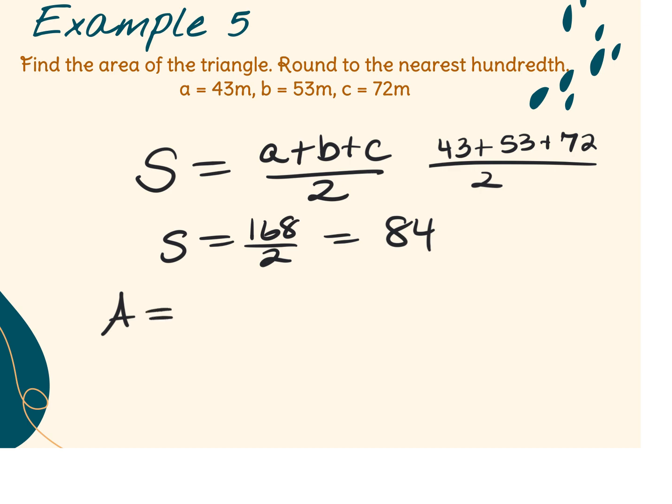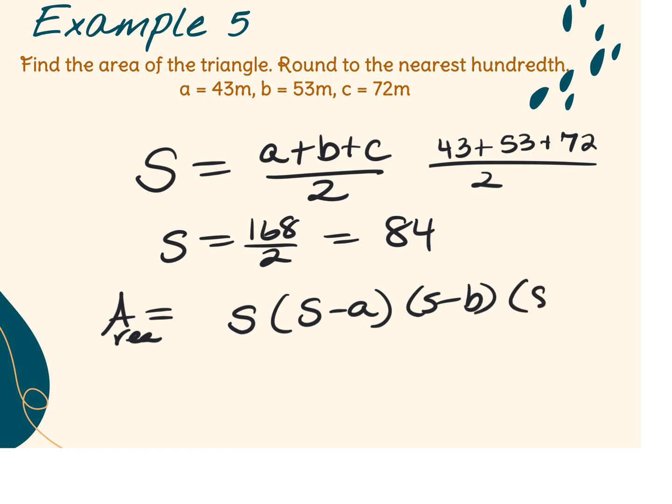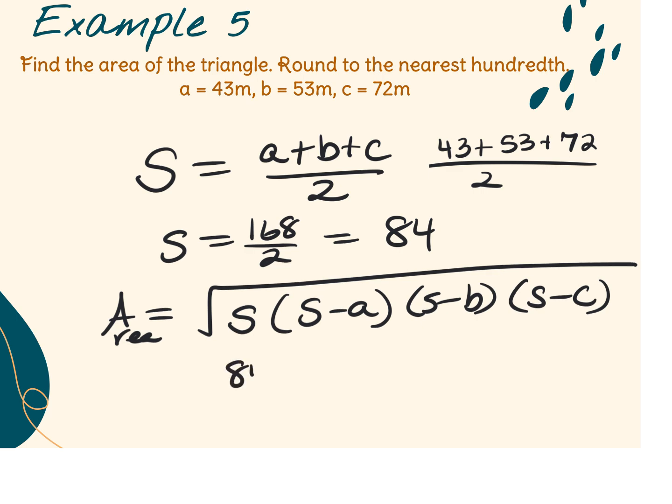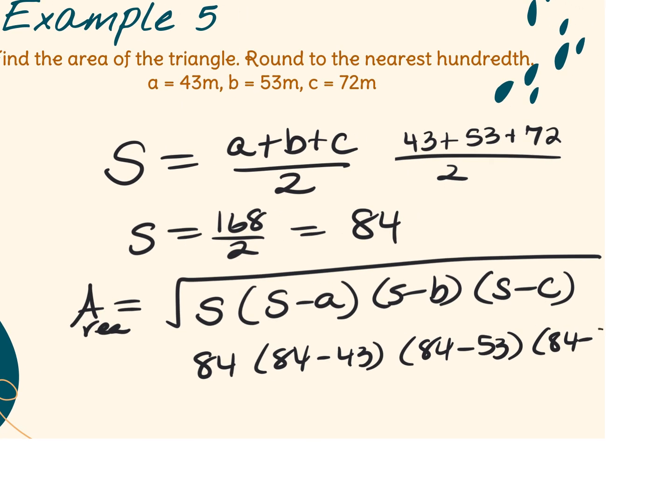So again, this is area, that's what the capital A represents. Remember, it's S times S minus A, S minus B, S minus C. And this is all under the square root symbol. So let's plug in our numbers. 84, 84 minus 43, 84 minus 53, 84 minus 72.